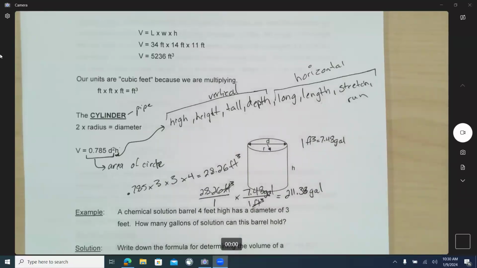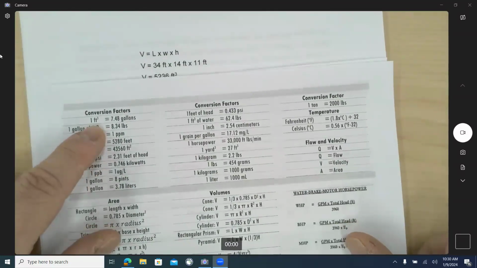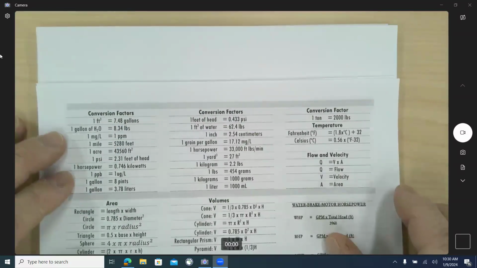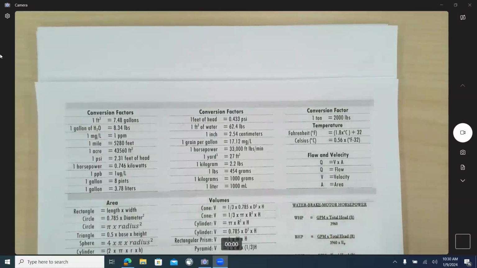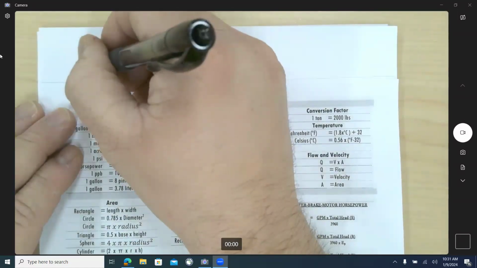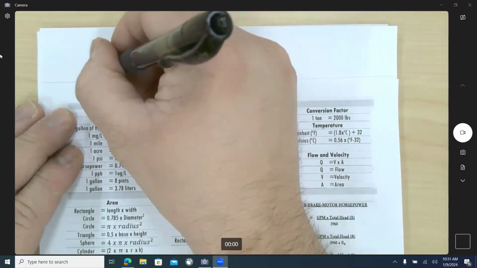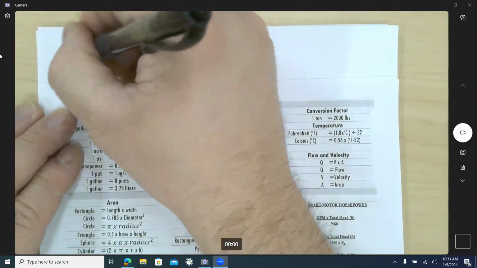So first off, let me get the unit conversion sheet over here real quick. I want to show you something. So 1 cubic foot equals 7.48 gallons. Okay, so that's saying, remember the cube I drew? Right, that this is 7.48 gallons.